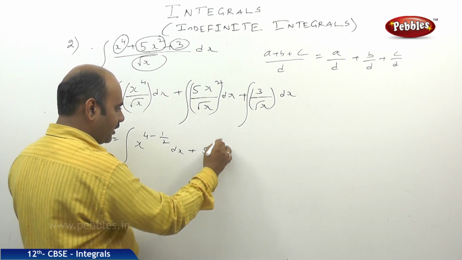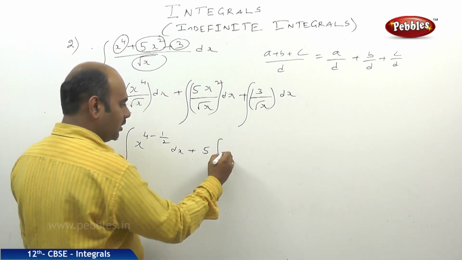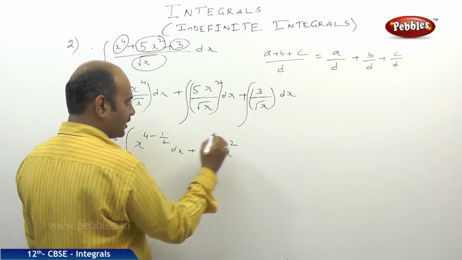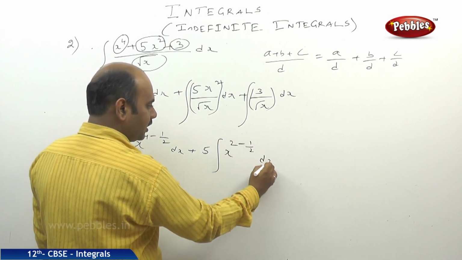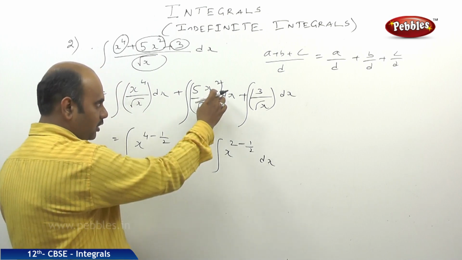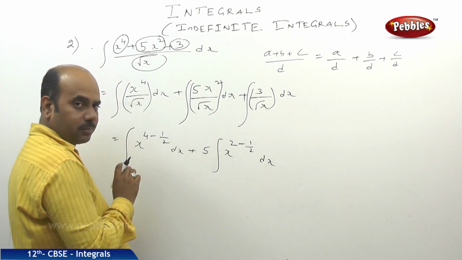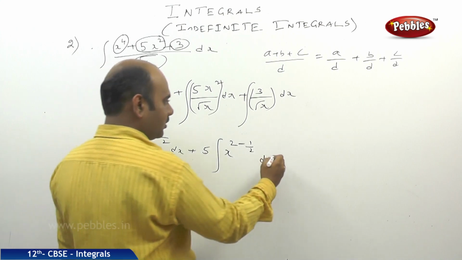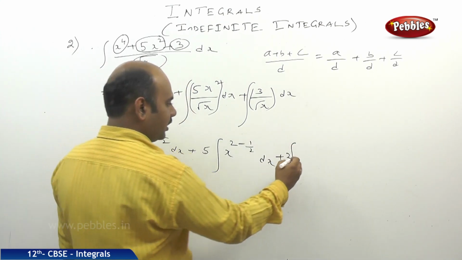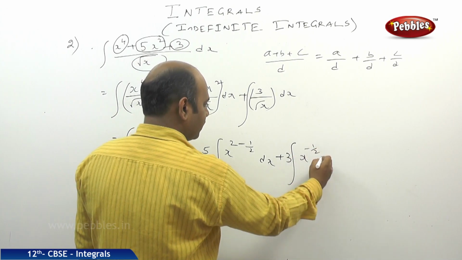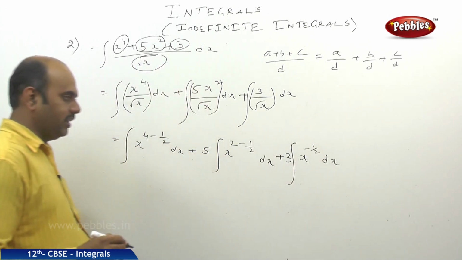And here also, 5 I will be taking outside. Finally what happens? x^(2 - 1/2) dx. I think it is clear to you because it is like x^m by x^n, so x^(m - n). Plus, again here 3 will be coming outside, and here what happens? x^(-1/2) dx.